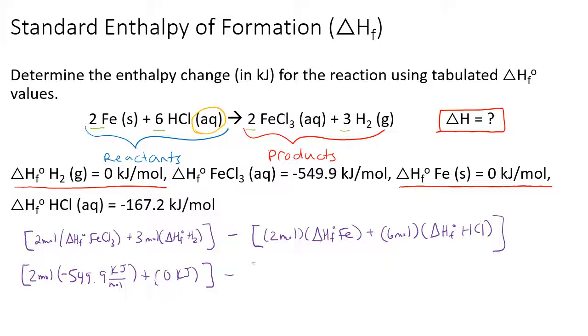minus, we're going to have 2 times 0 for our heat of formation for iron, so that would just give us 0 kilojoules for the iron, plus 6 moles times the heat of formation for aqueous hydrochloric acid, which is negative 167.2 kilojoules per mole.